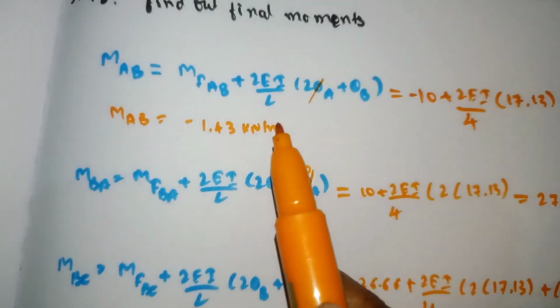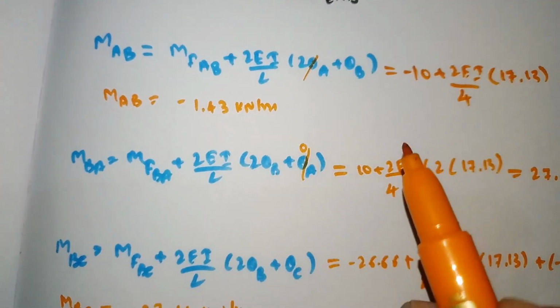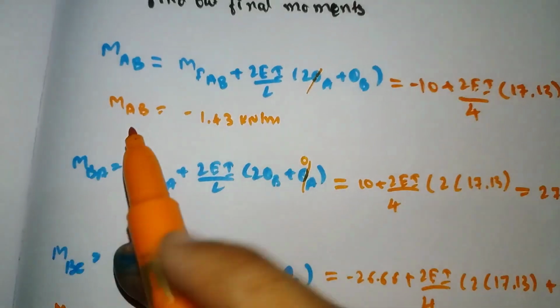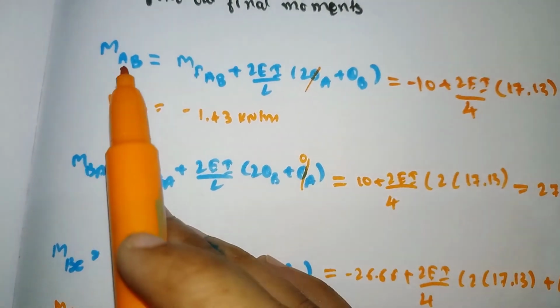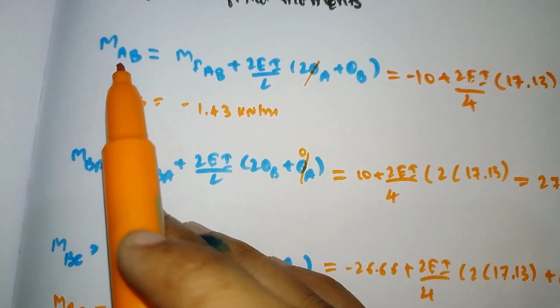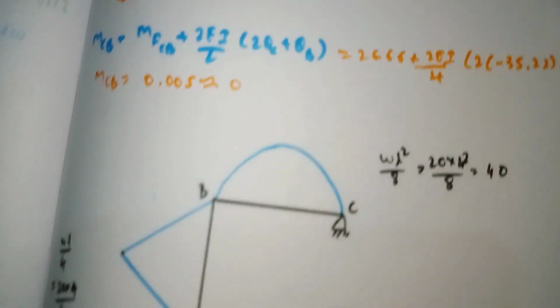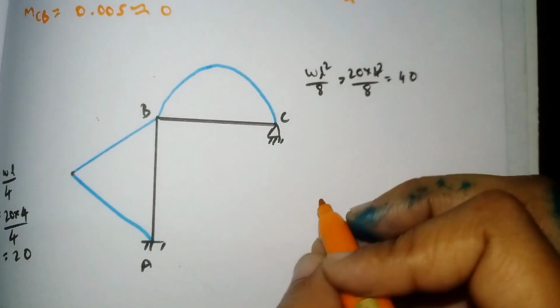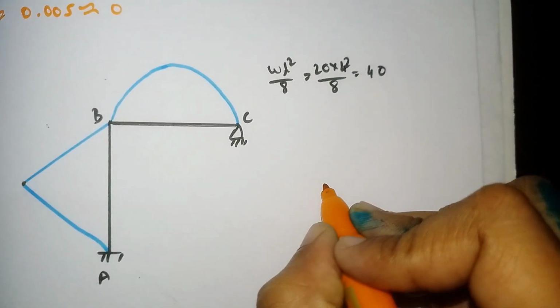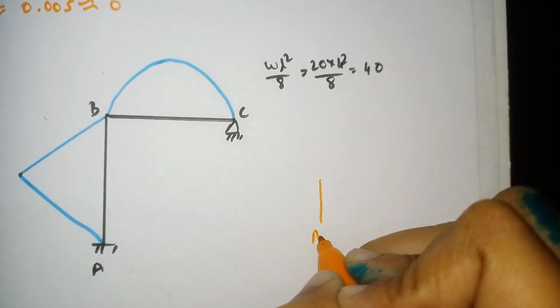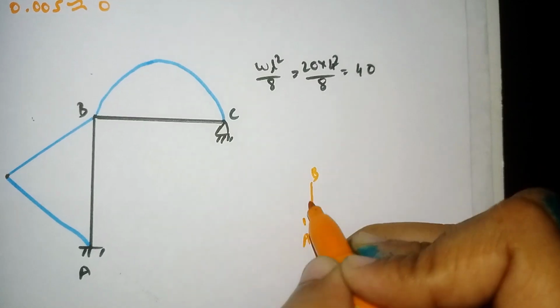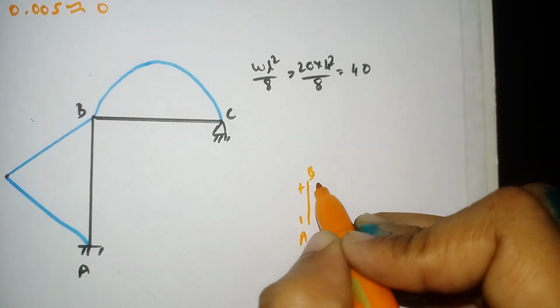So now we'll see the net bending moment. By using these final moment values, we'll draw the net bending moment. See here our AB, MAB. Here first point is A. So at point A, our value is minus 1.43. One more thing, sign convention: this is A, this is B. Here minus, plus, minus.